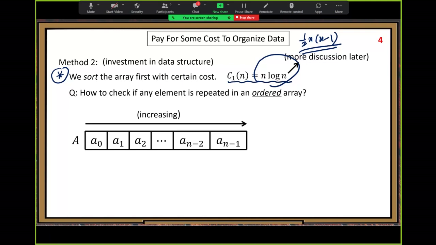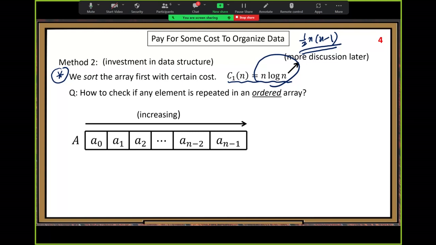So here, let me ask you, think about our goal. We want to check if there are two elements in the array with the same value. We just want to check that. Now, can you tell me how many comparisons we need to find if there are two elements in the given array with the same value?